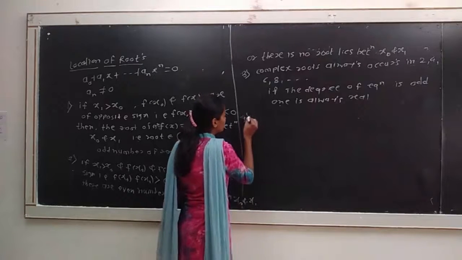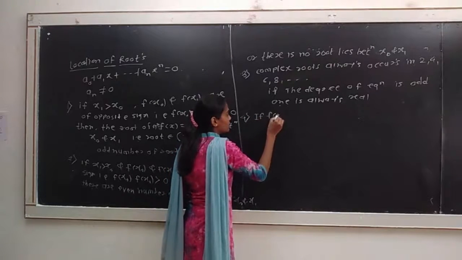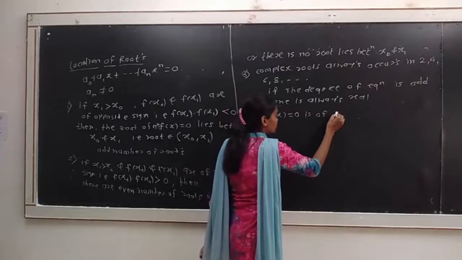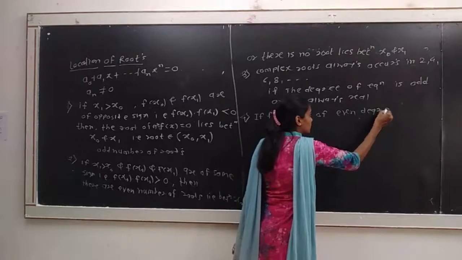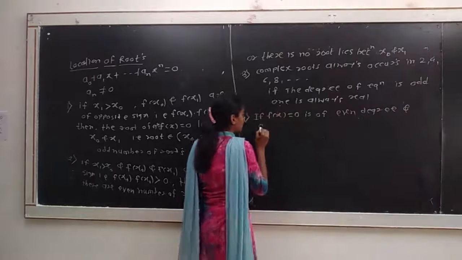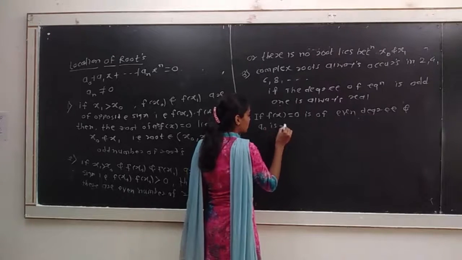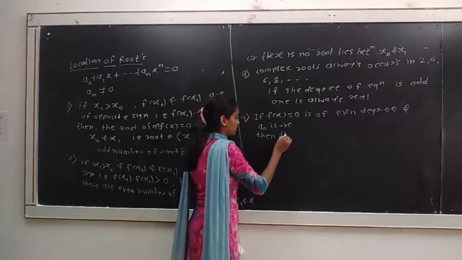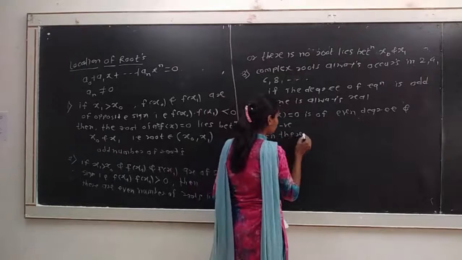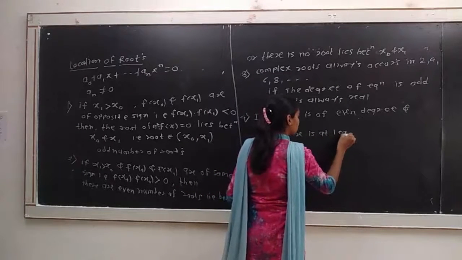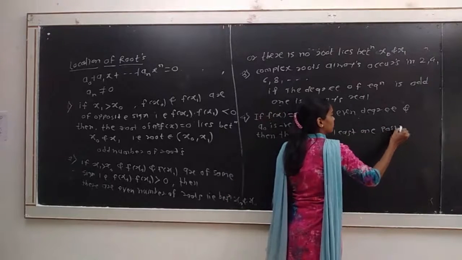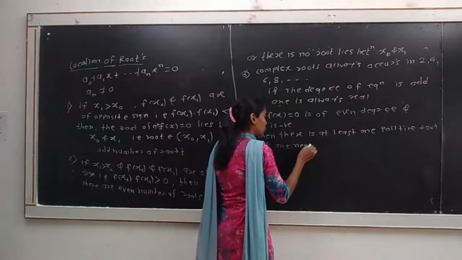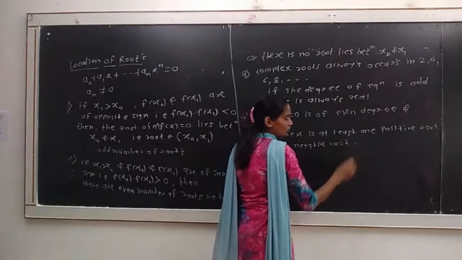Then the fourth one is, if f of x is equal to 0 is of even degree and the coefficient a0 is negative, that is, the constant term is negative, then there is at least one positive root and one negative root.